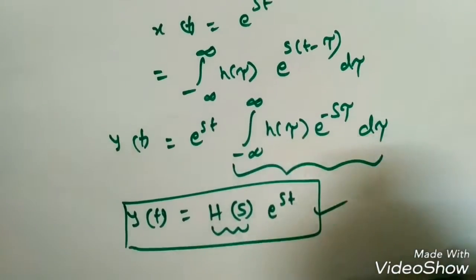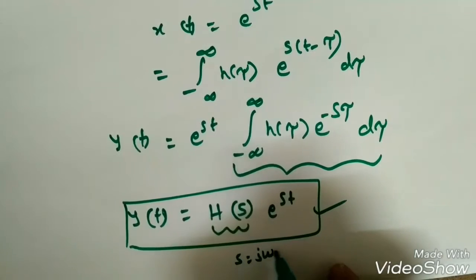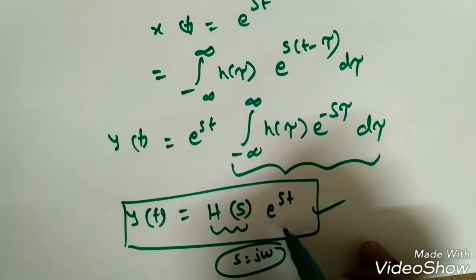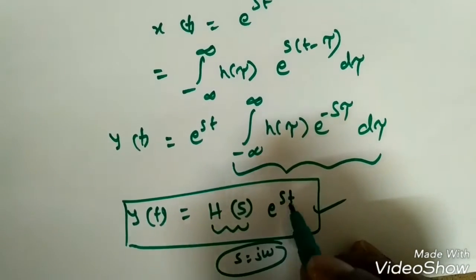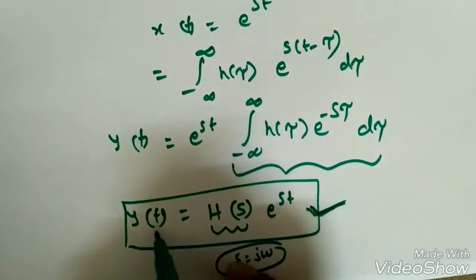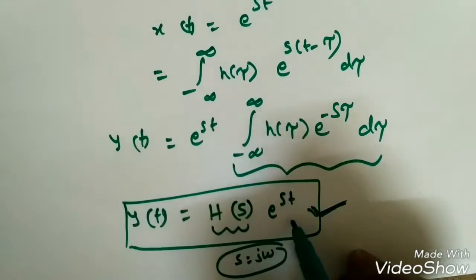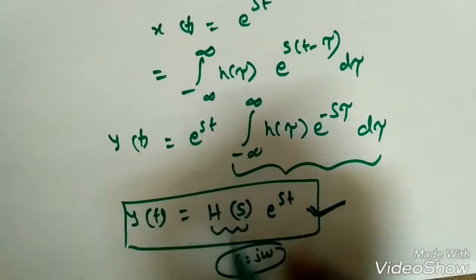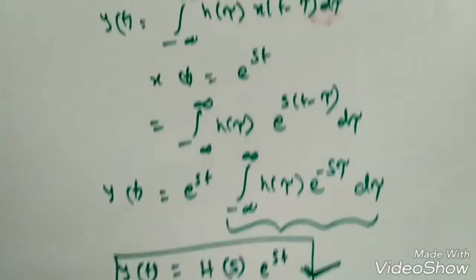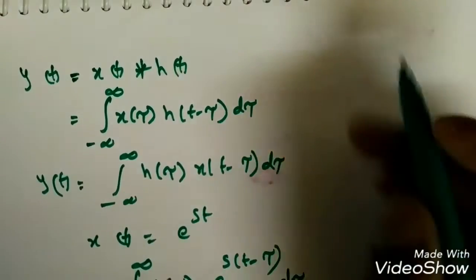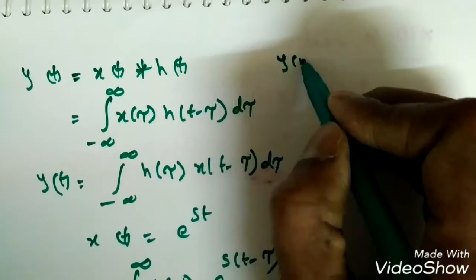Then we substitute s equal to j omega depending on the input signal. Once we do one example, it will be very clear. So this is the proof that if I apply an exponential signal, our output response is also exponential with some amplitude change. We can prove it similarly for discrete time.